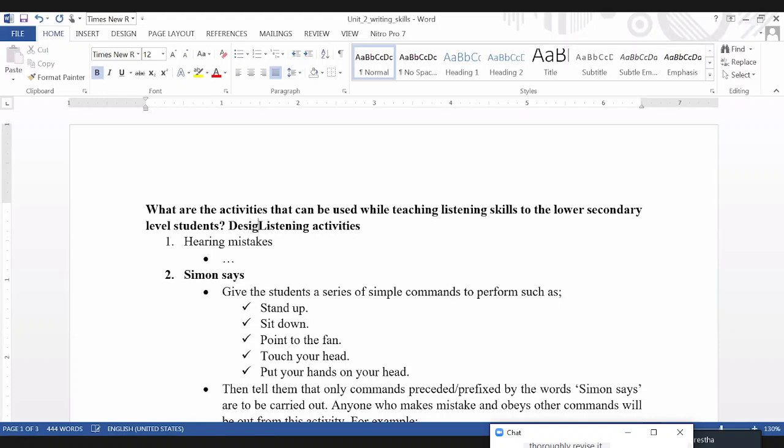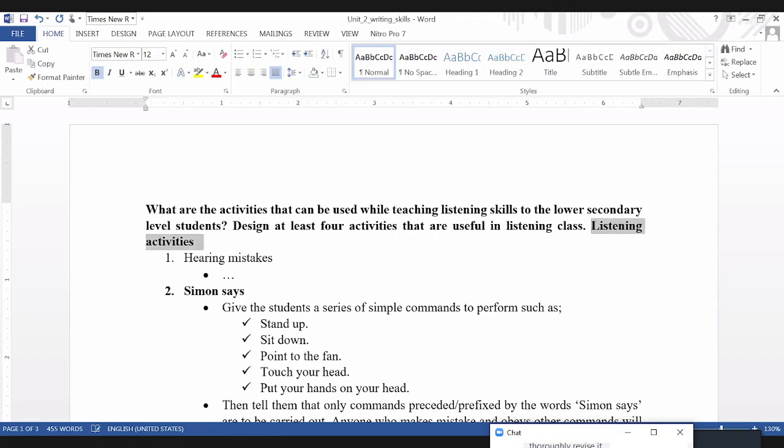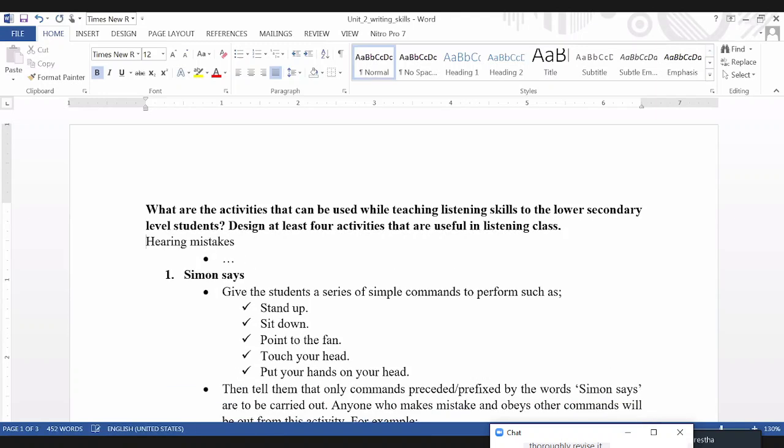Design at least 4 activities that are useful in a listening class.